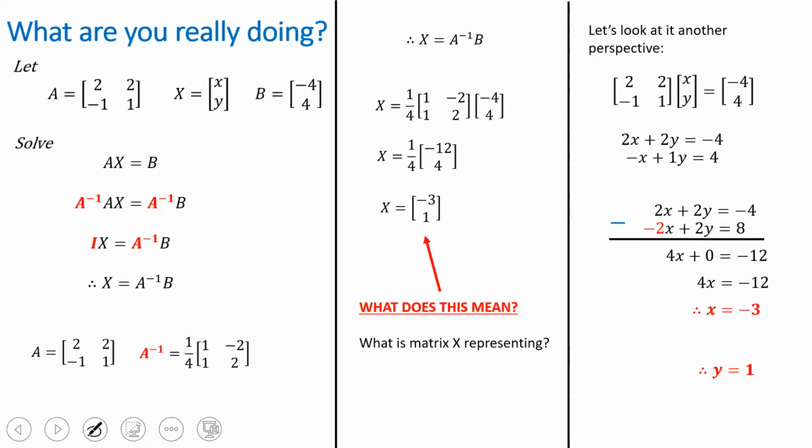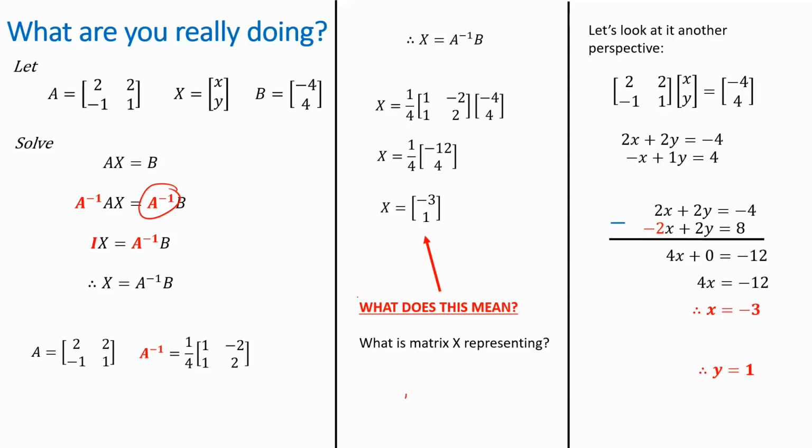Let's repeat again. AX equals B, okay? If A inverse does not exist, repeat after me, then X doesn't exist.